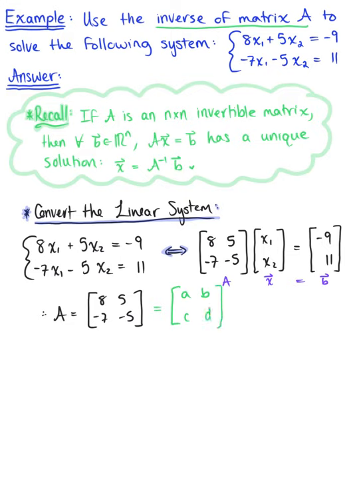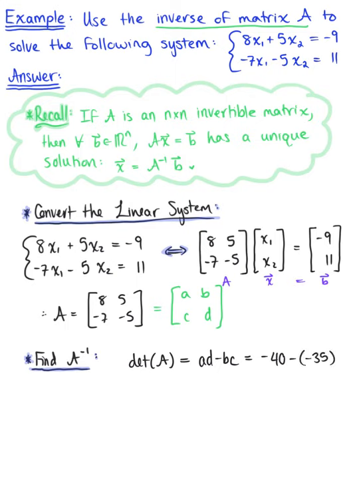So next, we need to find the inverse of matrix A. To do that, we need the determinant. We know that the determinant of matrix A is defined by the quantity A times D minus B times C. So we have 8 times negative 5 is minus 40, minus negative 7 times 5 is minus 35.